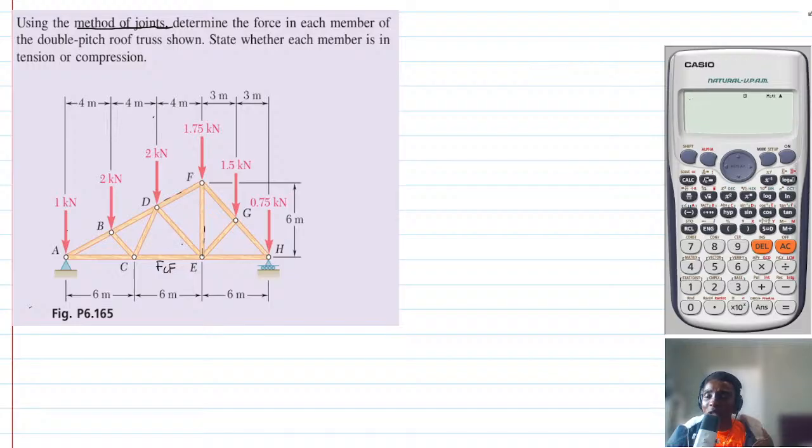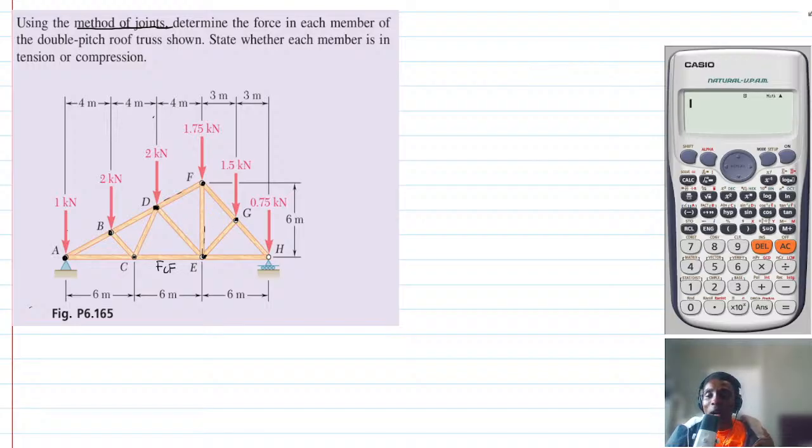So for every joint to be in equilibrium, that reduces to equilibrium of a particle. Consider all these joints as particles, with forces acting at a point.